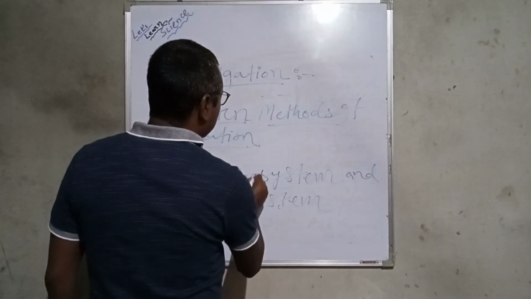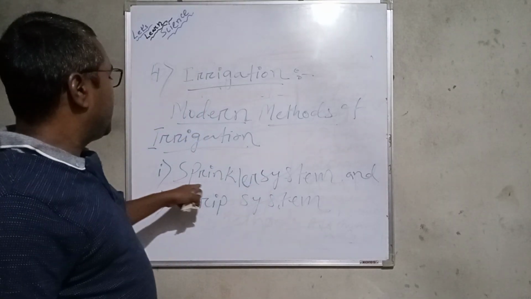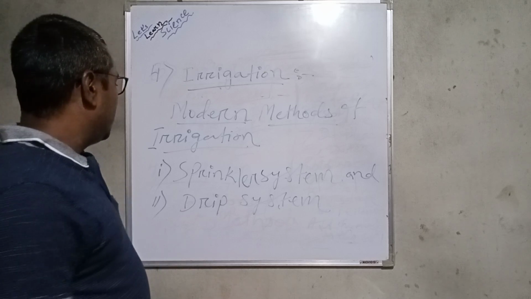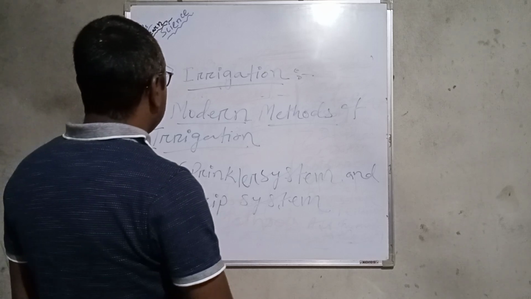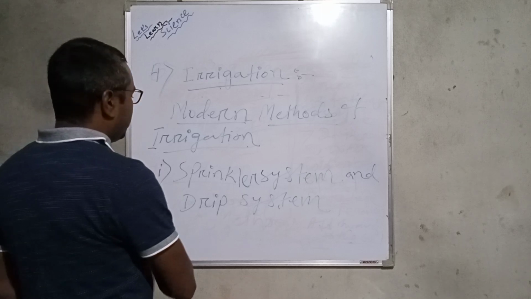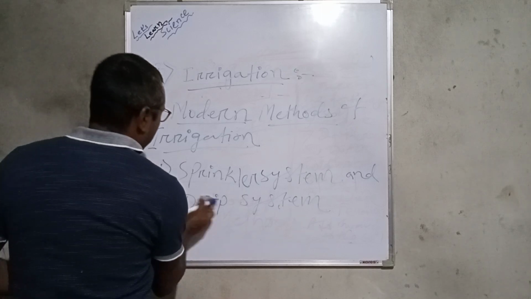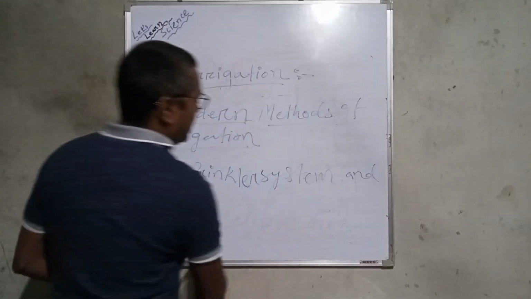Sprinkler system and drip system. Now let us see where these two methods are used, in what type of soils, in which agricultural fields. First of all, see the sprinkler system.